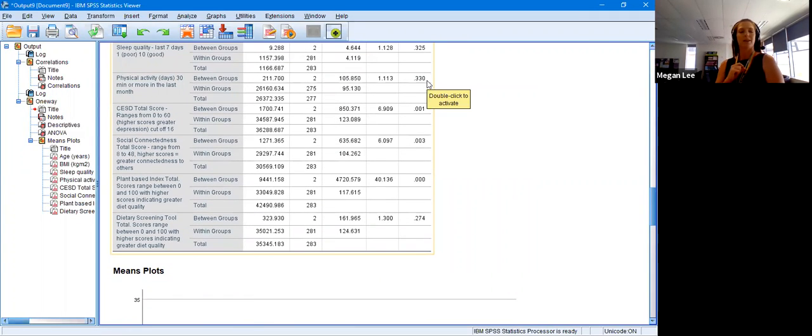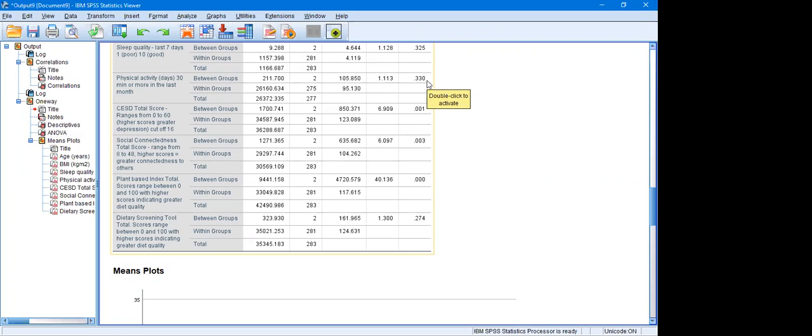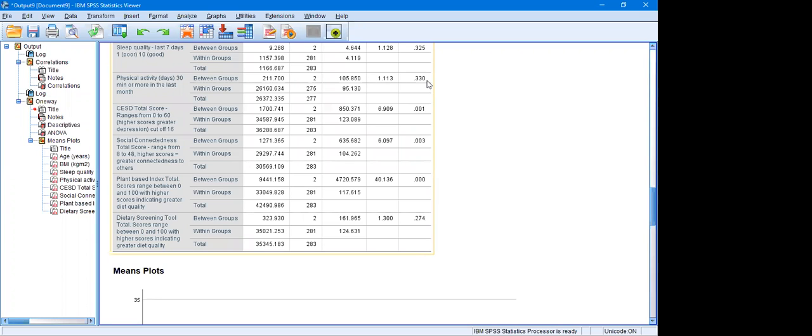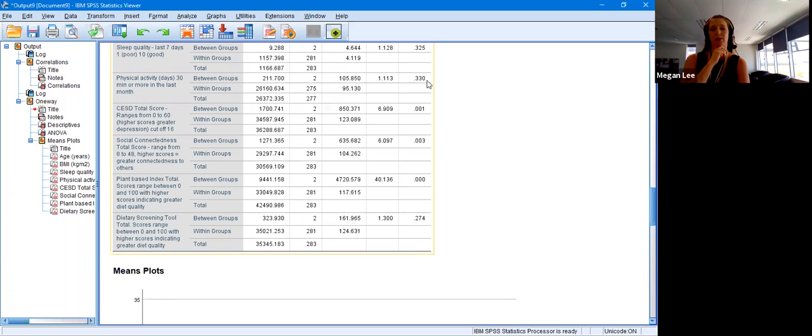What do you reckon about that? Nope, not statistically significant. So at this stage, I would start excluding physical activity from my later analysis. It wouldn't be a confounding variable that I would adjust for.